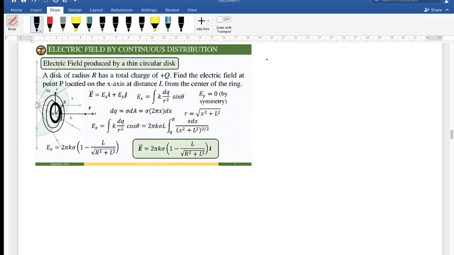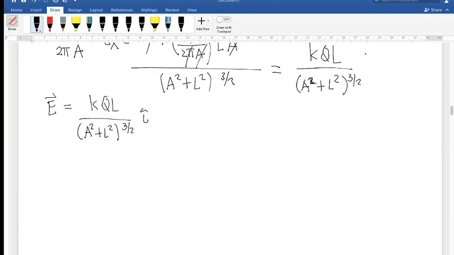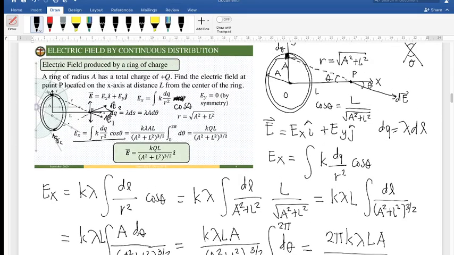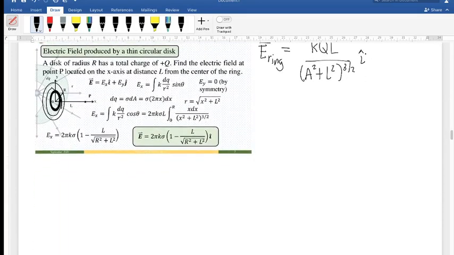So next, we know the expression prior to this problem. So recall that your E ring is actually equal to kqL over (a squared plus L squared) raised to 3 halves i hat. So let's see if that is correct. Yeah, so that is kqL over (a squared plus L squared) to the 3 halves i hat.